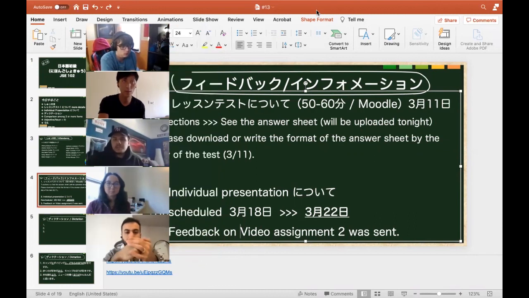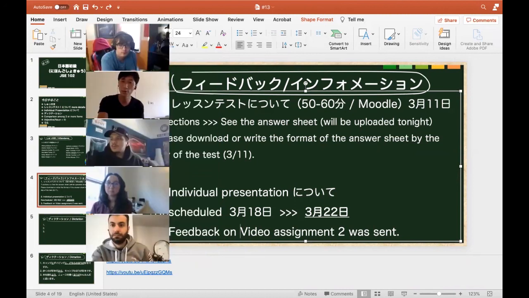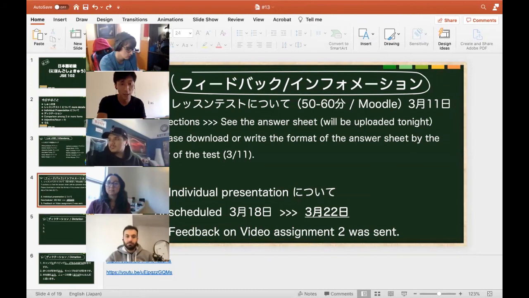Same as last time, I've attached the Word file for feedback. Okay, so please check it. And then feedback on the other assignment, Sakubun, will be posted pretty soon. But I'm thinking of printing it out, but I don't have a printer at this moment. So I'm gonna ask my roommate to print it out. Okay.